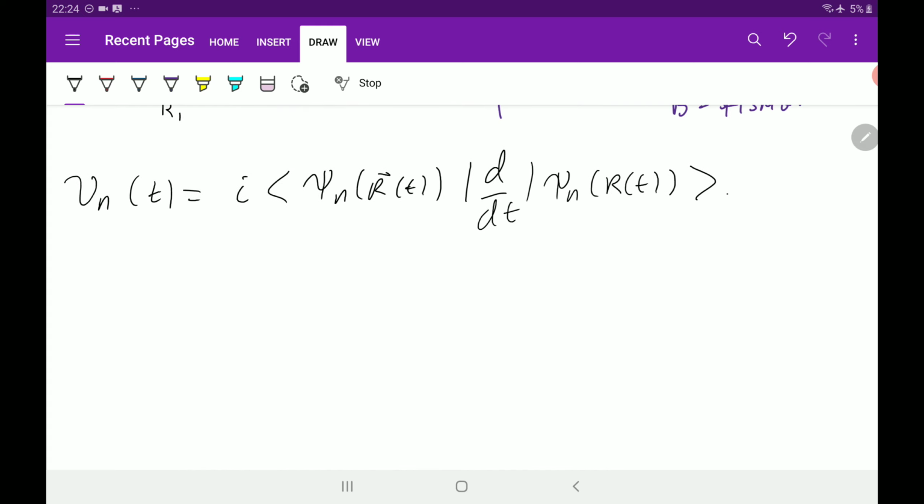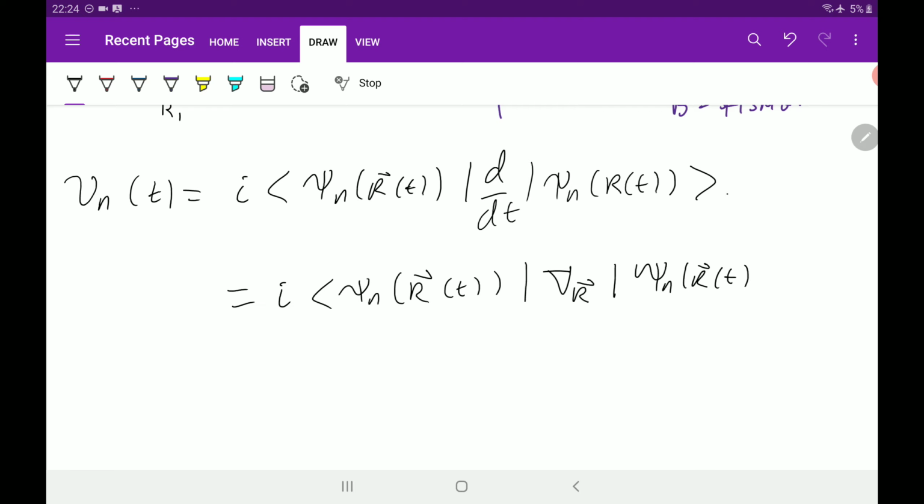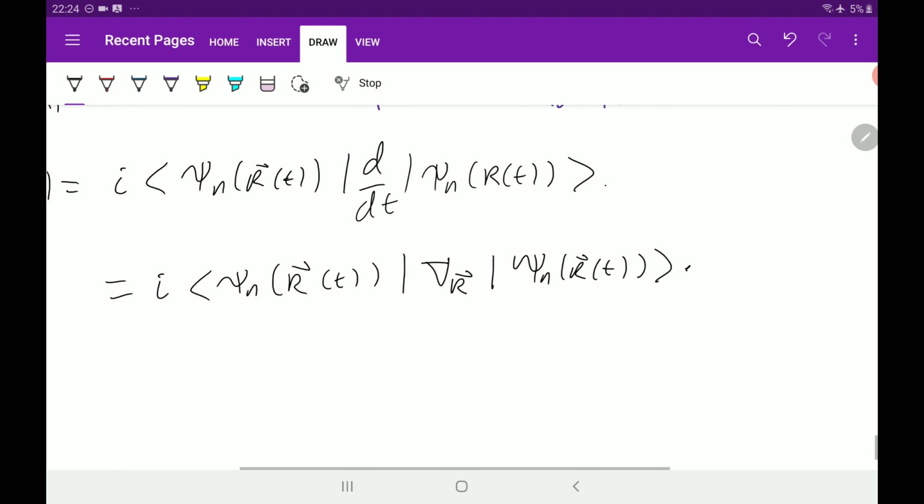Now, the important point is that you're basically taking a total time derivative, so by the chain rule, skipping a little bit of the notation, it's going to be this, dotted with dr by dt, where r is a vector representing all the parameters.